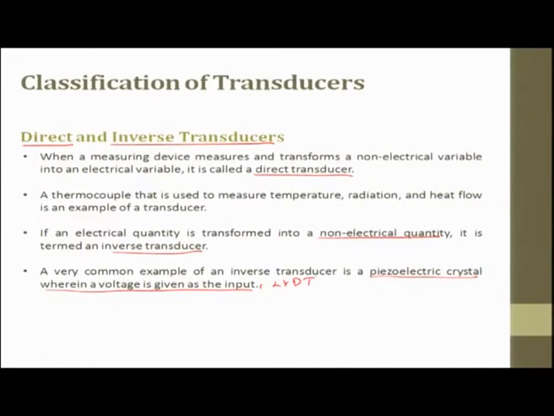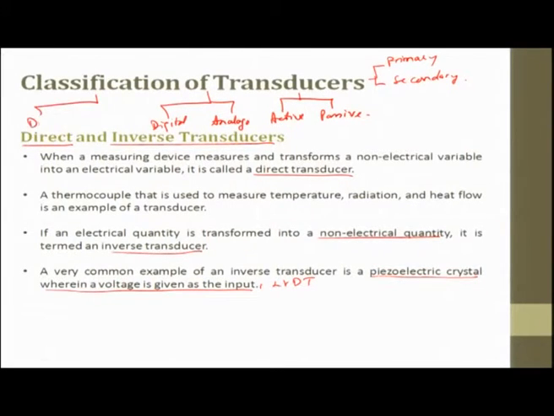So, we have seen a lot of classifications. Let me rewind and recollect. One was primary, another was secondary, one was active, the other passive, one was digital, another analog, the next was direct, and indirect.